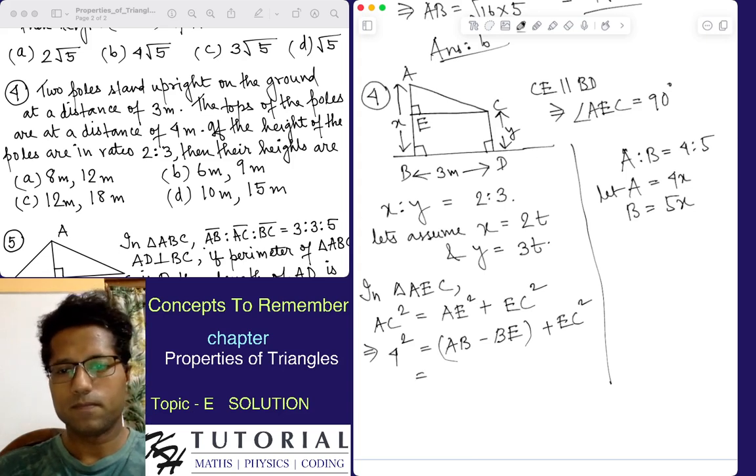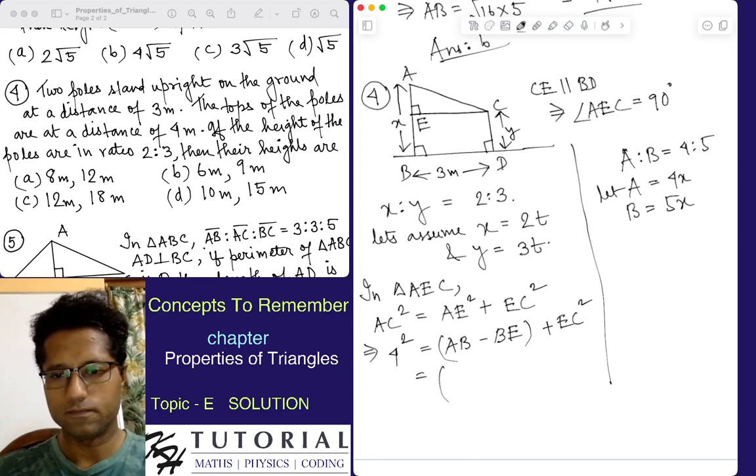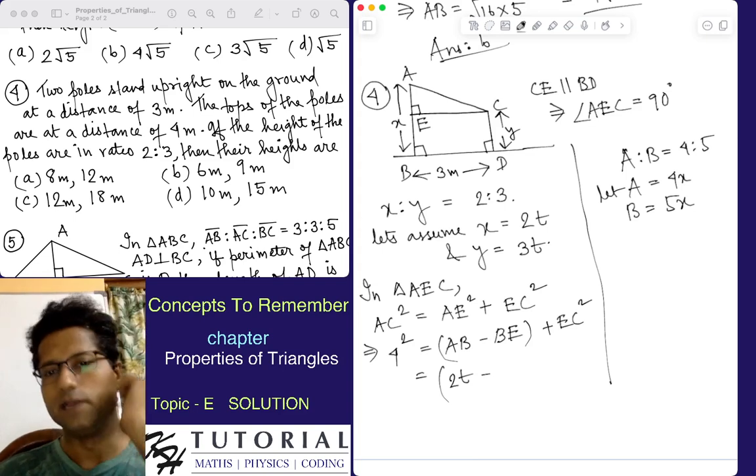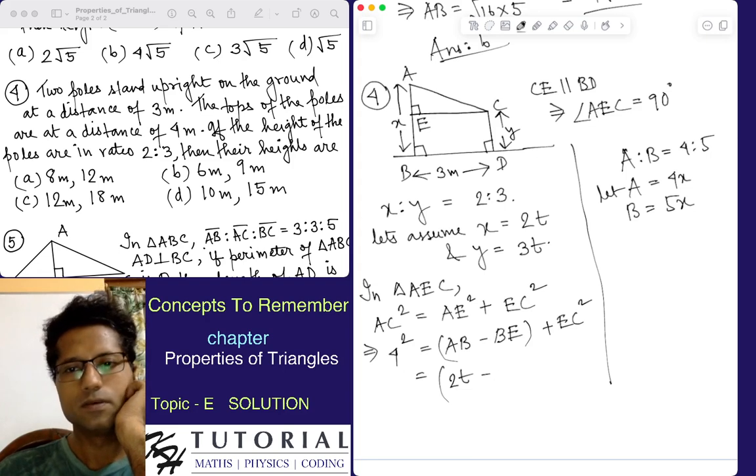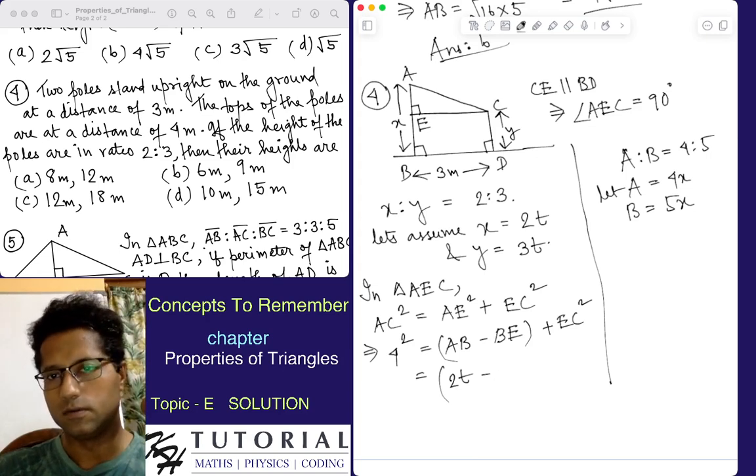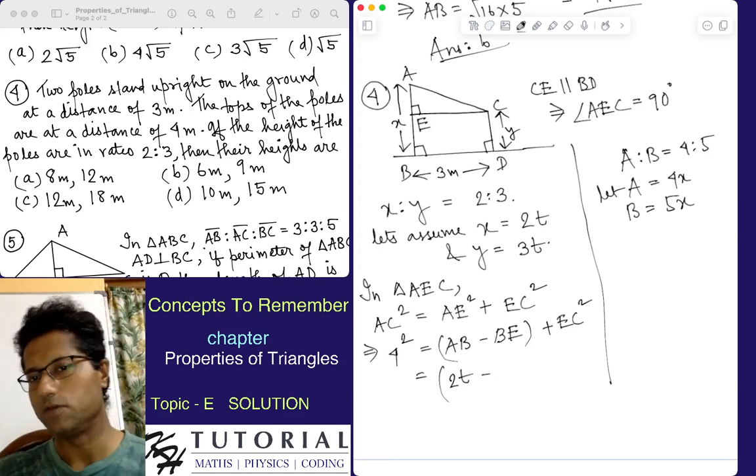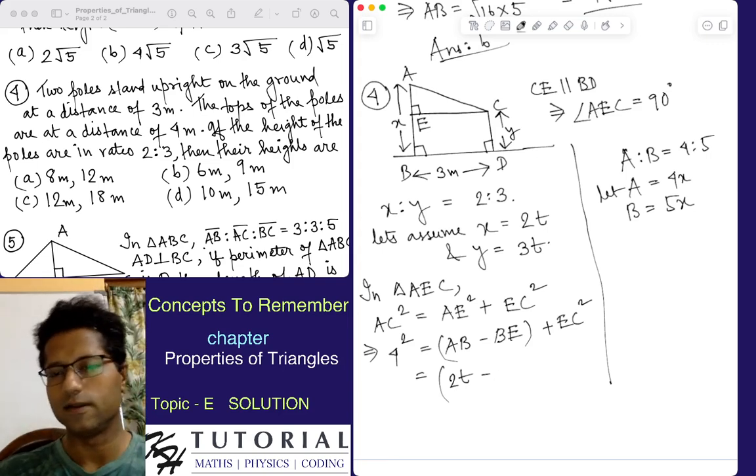Now AB is the height of the first pole, which is x, and which we have assumed to be 2t. Since the ratio is 2 is to 3, the second term is larger.